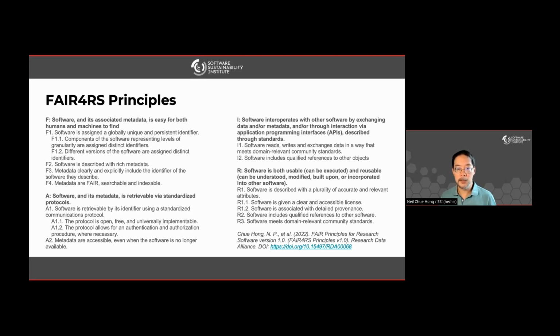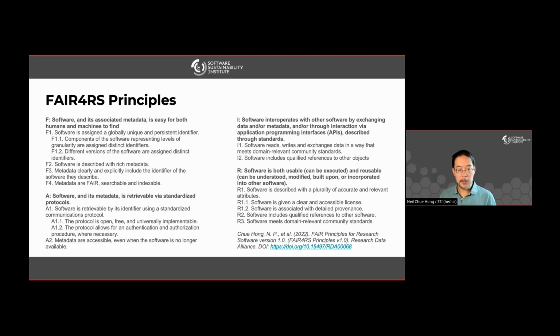And in particular, in FAIR for Research Software, you want software which can read, write, and exchange data in a way that meets domain relevant community standards, and in effect allows integration with other pieces of software which are commonly used in any particular discipline.